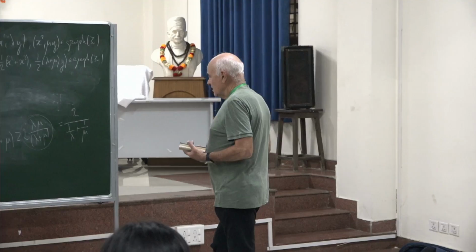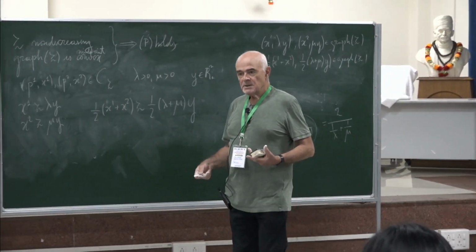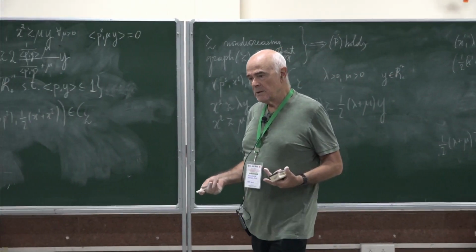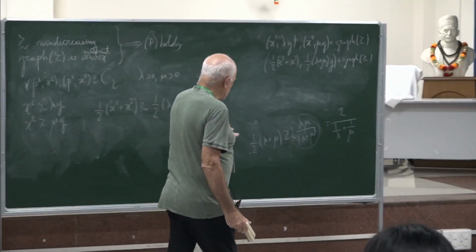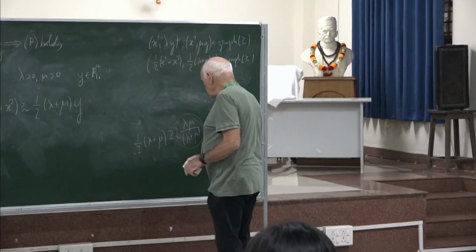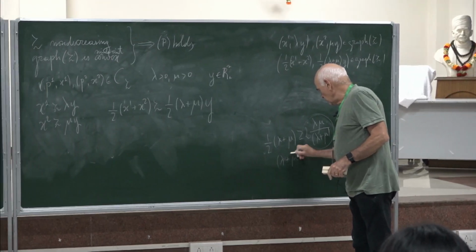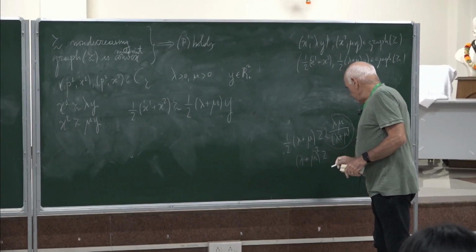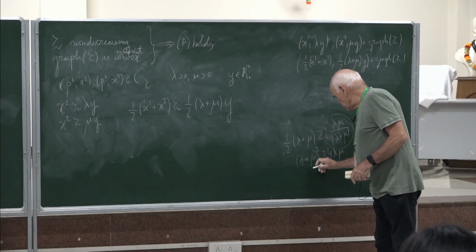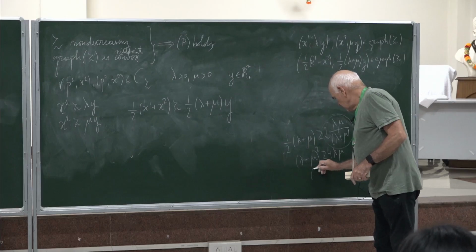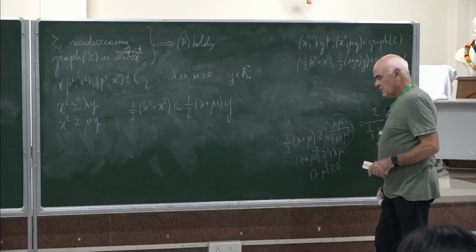Okay? And it's well known that the arithmetic mean is greater than or equal to the harmonic mean. But it can be proved directly here. So here this condition is equivalent to lambda plus mu squared greater than or equal to 4 lambda mu, which simply means that lambda minus mu squared is not negative, okay, which is true.